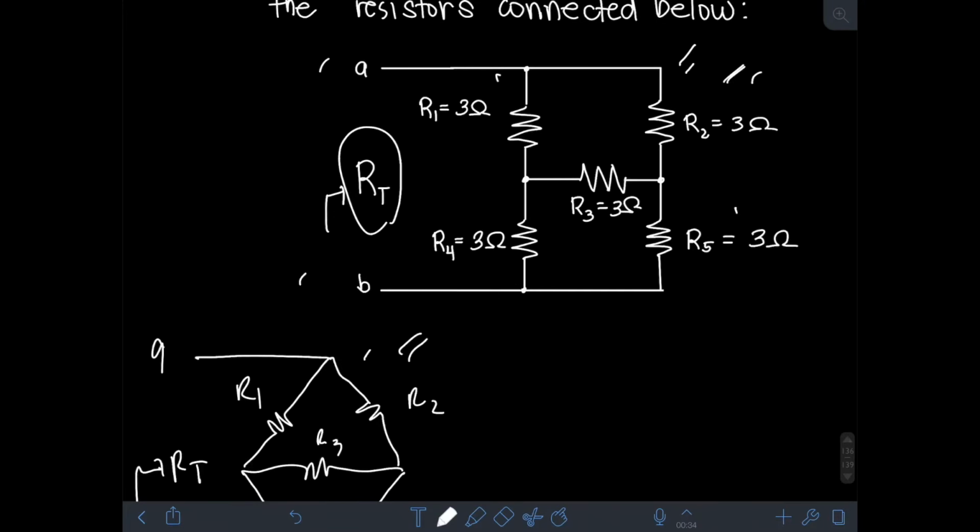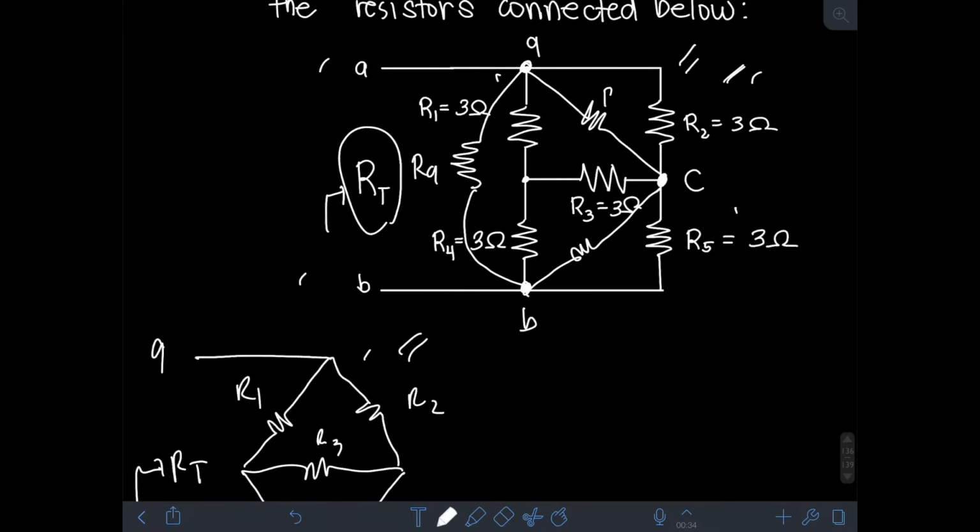So if we try to do that, let's consider the nodes. For the given circuit, the Y that I will consider is connected to node A, node B, and this node C. Therefore, the corresponding delta network should also be connected to the three nodes. So I will draw the corresponding delta network. Let's say this is RA, RB, and RC.